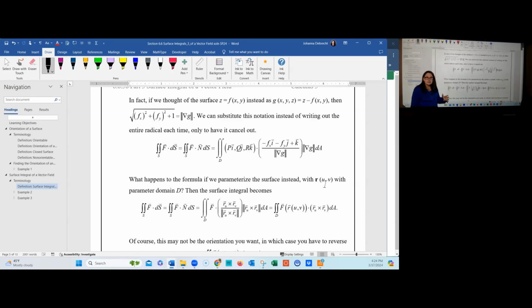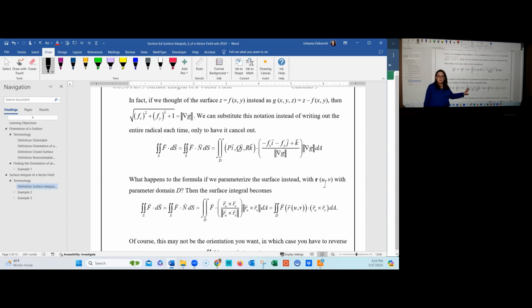We could use this notation to substitute for the magnitude of the normal vector, since it shows up twice in our integral, and use it to cancel out rather than having to write that entire process. In fact, you don't actually need the magnitude of the normal vector because it's going to cancel out of the integral. And since it cancels out of the integral, then you can actually represent it without it.